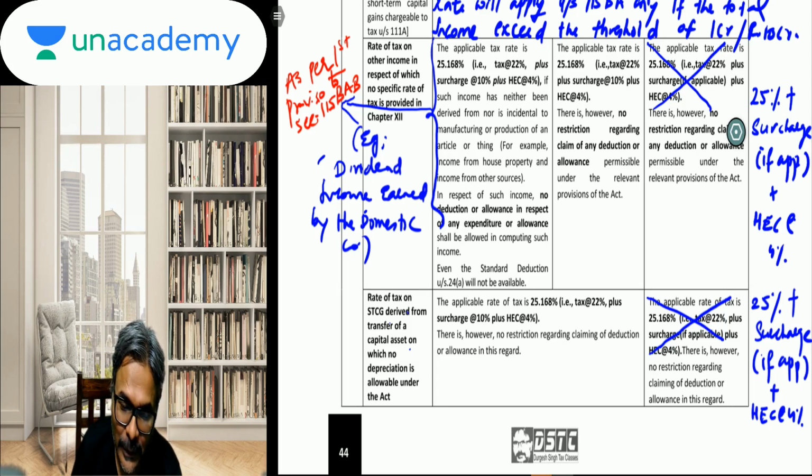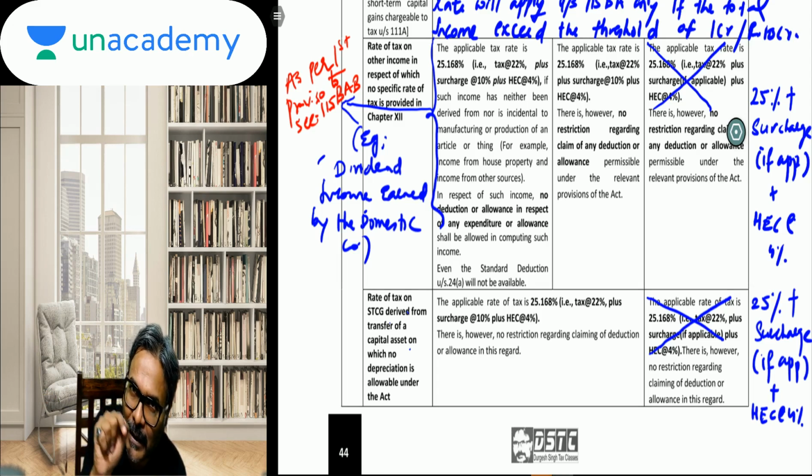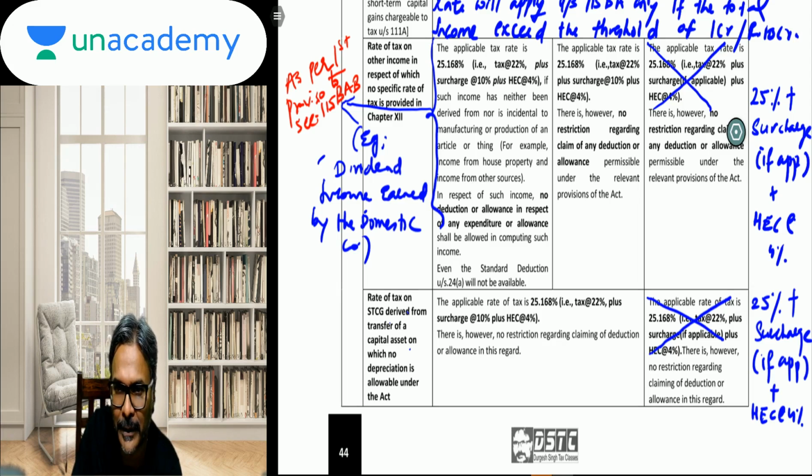25.168 flat. So you'll say, sir, but this is equal to that rate. Perfect. They have allowed that for this income, which is neither from the main activity of manufacture nor incidental, that particular income will continue to qualify for this 25.168%.